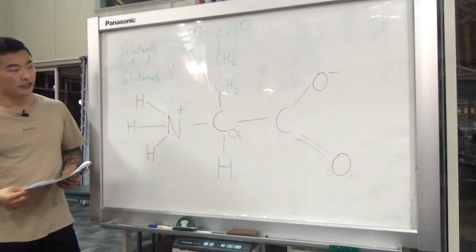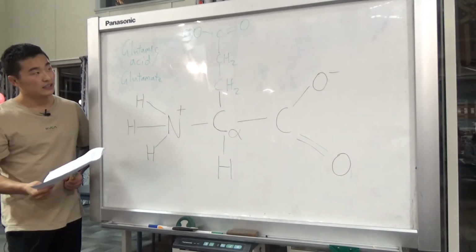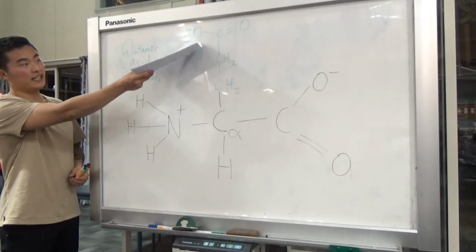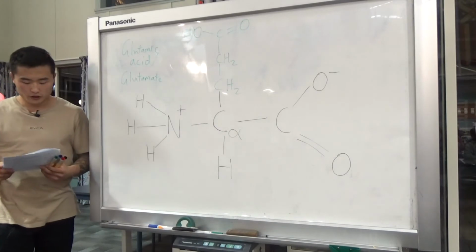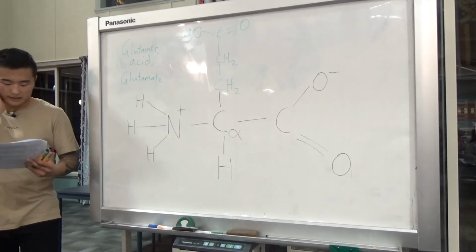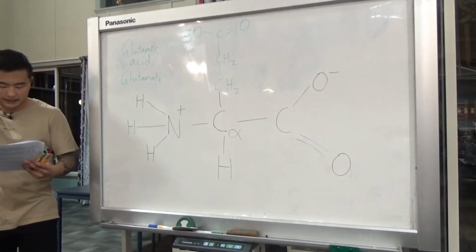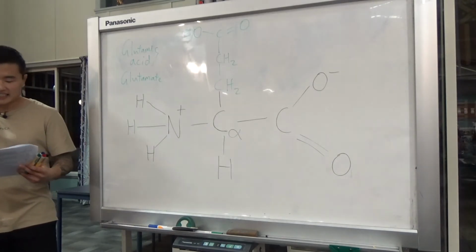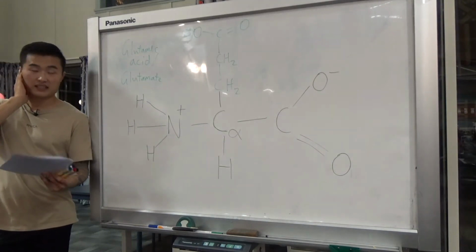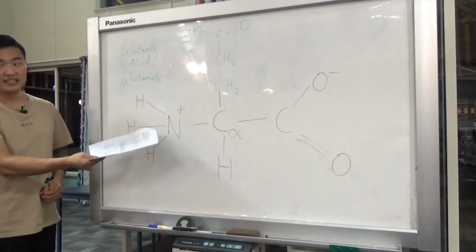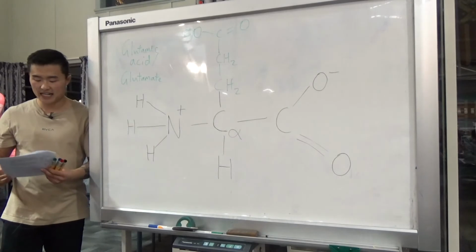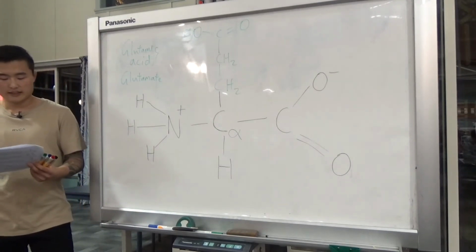It's also going to have another negative charge in its side chain. So it's going to be negatively charged at physiological pH because it's got two negative charges and one positive charge, so it'll have a net negative charge.